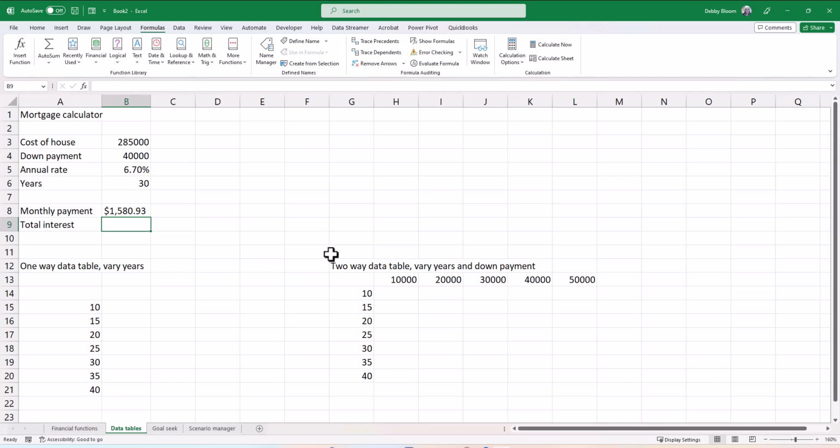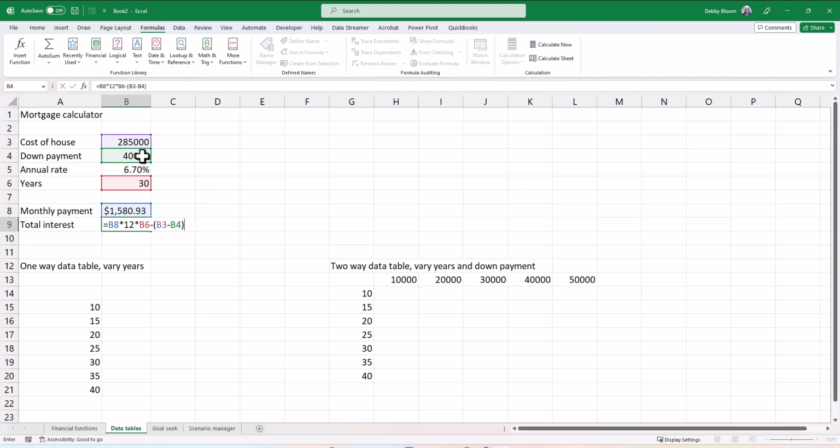So first, I'm going to calculate what we're paying back. So I'm going to take $1,580.93, the monthly payment. Notice that I'm not typing it in, because if it changes, I want the total interest to change. I'm going to multiply that by 12 payments per year, the only constant. And then I'm going to multiply that by the number of years. So that gives me what I'm paying back. And then I'm going to subtract, open parentheses, the cost of the house minus the down payment.